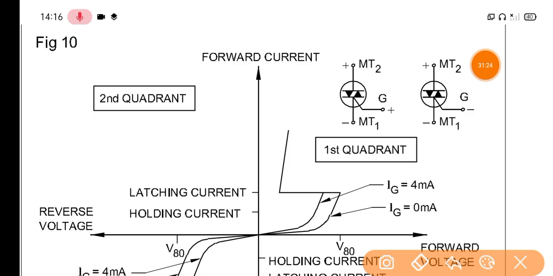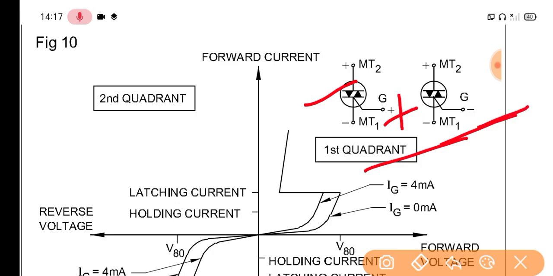This is forward current, the first quadrant. This is the forward current triac, that is, MT2 positive, MT1 negative, gate positive, and MT2 positive, gate negative and MT1 negative.